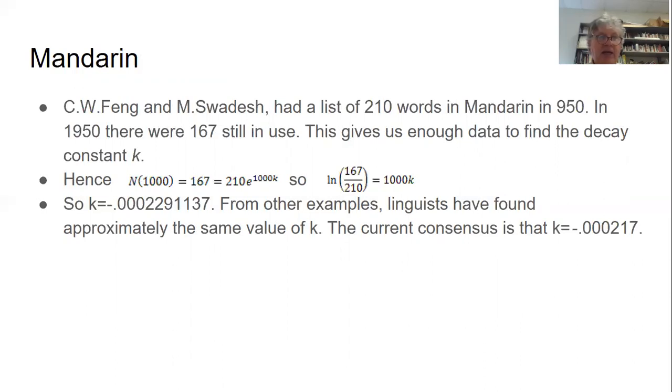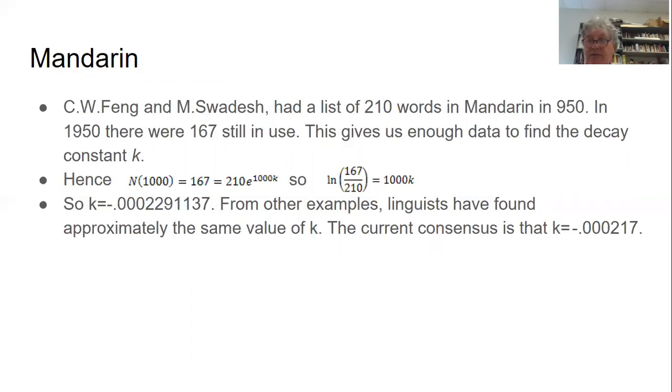So k is approximately negative 0.0002291137. It's a small negative constant. It has to be negative because it's going down. It has to be small because we expect this rate of decay to be very slow. In the past, you just didn't throw out words all the time.